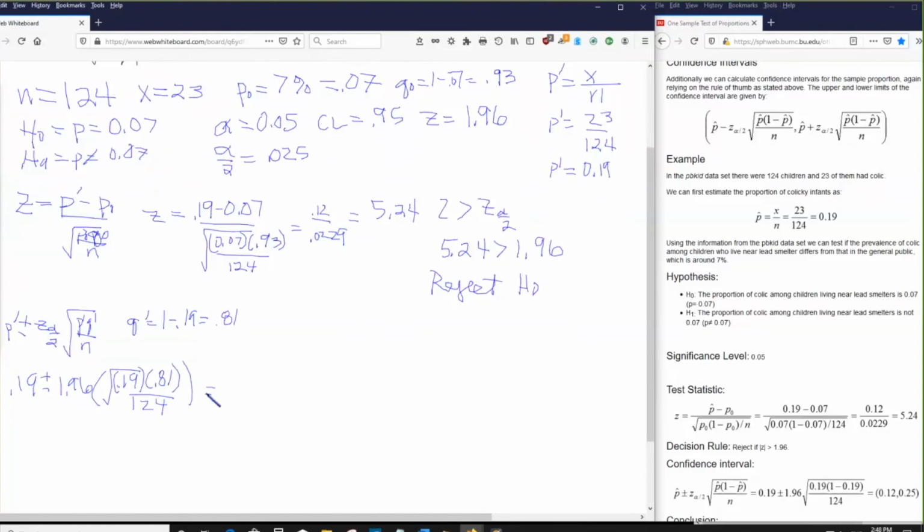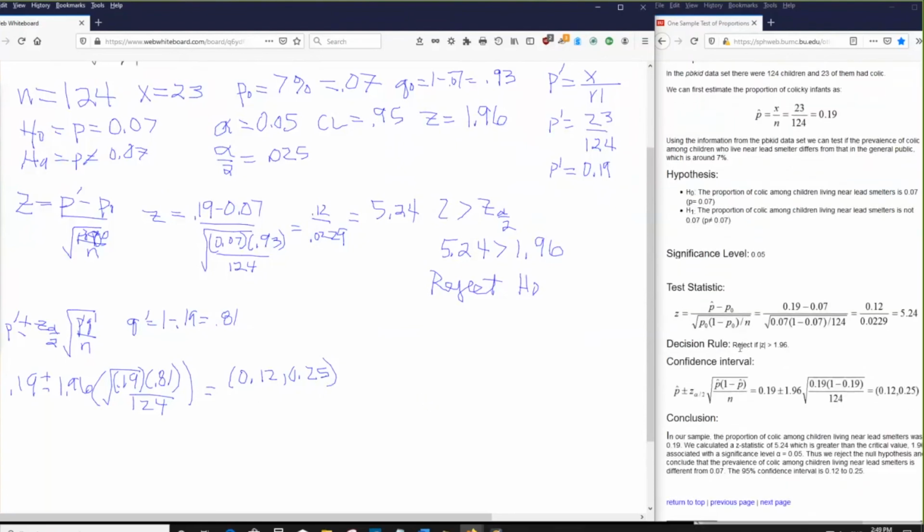So that's going to end up giving me a confidence interval of 0.12 and 0.25. So what that would tell us is that we can reject the null hypothesis and conclude that the prevalence of colic among children living near lead smelters is different from the general population of 7%.